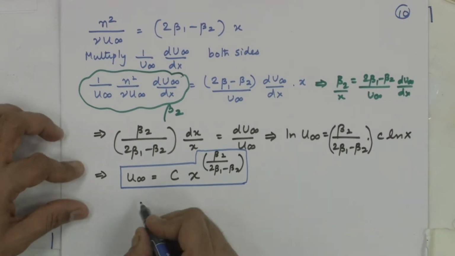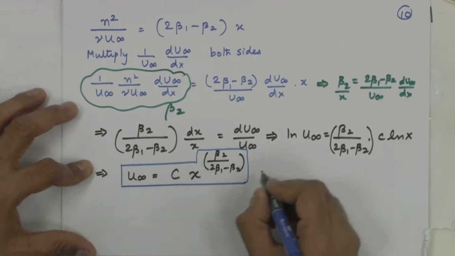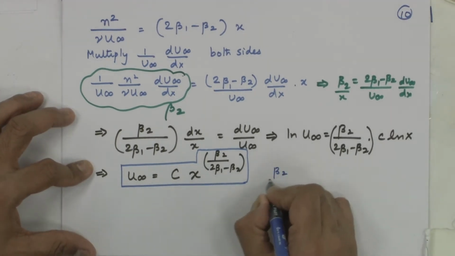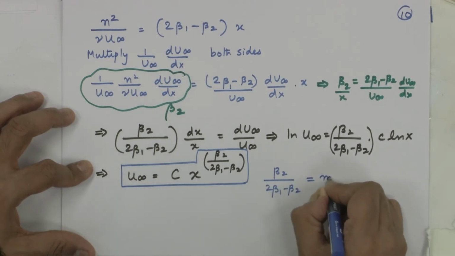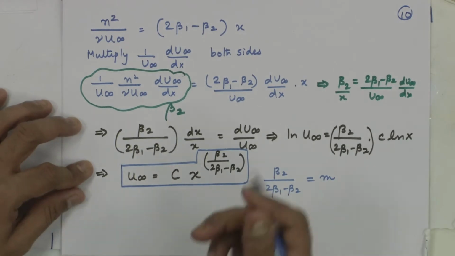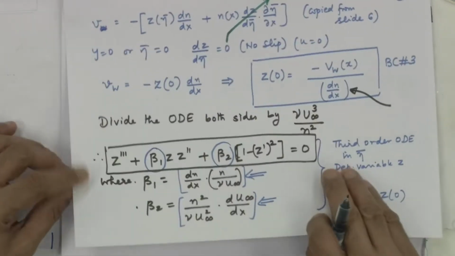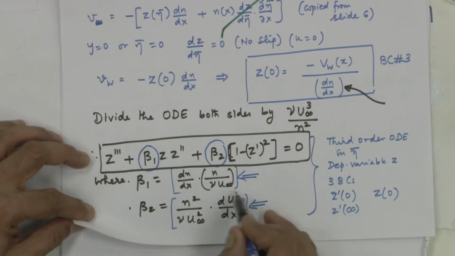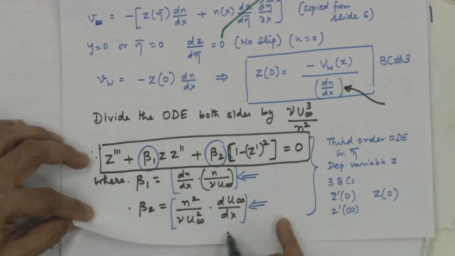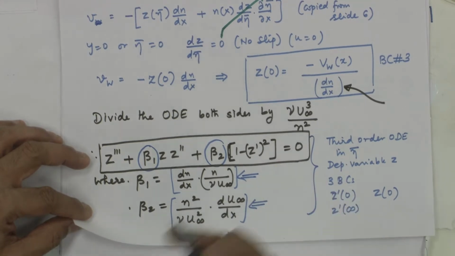This form, beta 2 over 2 beta 1 minus beta 2, we will call m. And let us go back to the definitions. What is m? It is 2 beta 1 and beta 2. What is beta 2? It has du infinity by dx. Where did this du infinity by dx come from? It came from the dp by dx form, correct?